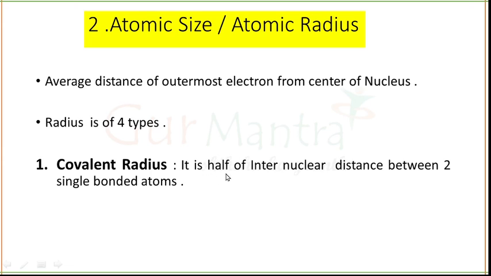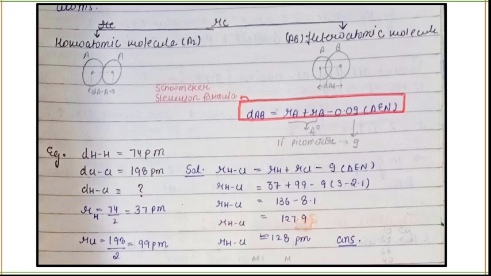This is the half of the internuclear distance between two single bonded atoms. So this is the formula to calculate the average distance or radius between two atoms. This formula was given by Stevenson and Schomaker, and is known as the Schomaker and Stevenson formula. The formula is DAB equals RA plus RB minus 0.09 into the difference of electronegativity between the two elements.